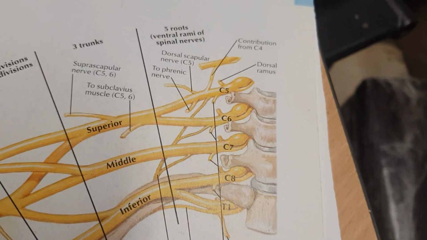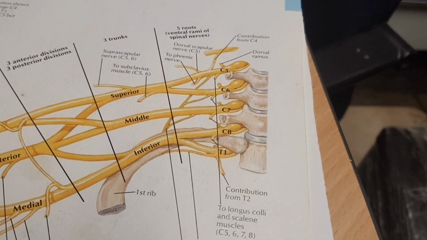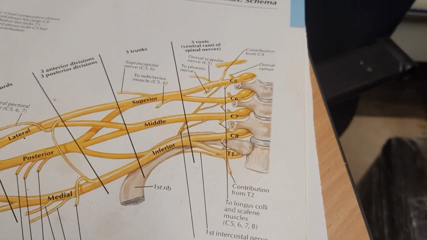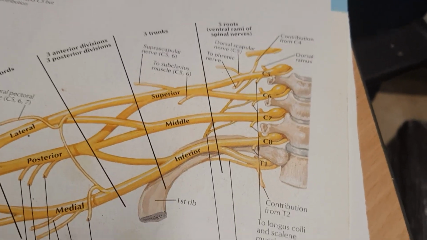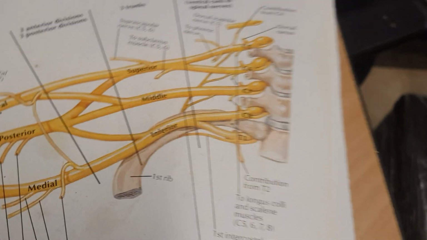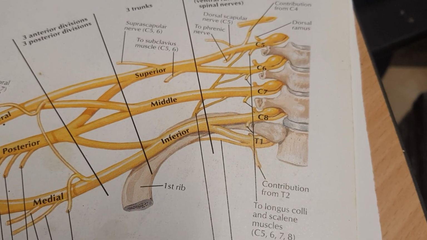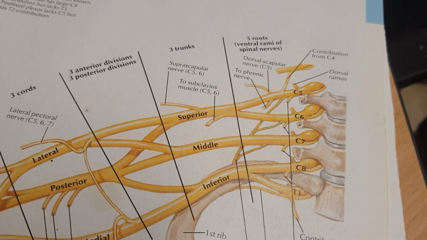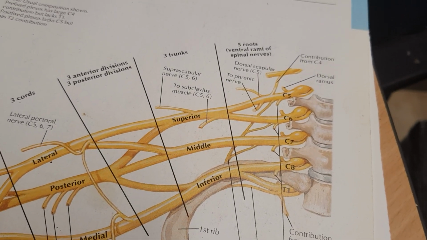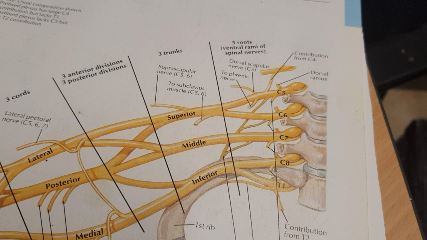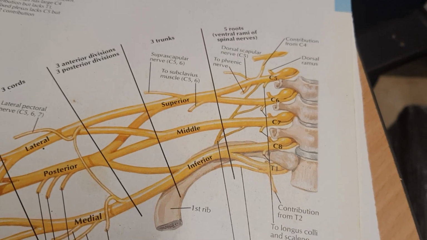This is called the long thoracic nerve. This long thoracic nerve is also very, very important. The long thoracic nerve will supply the serratus anterior. Serratus anterior is the protractor of the scapula. They help with protraction.